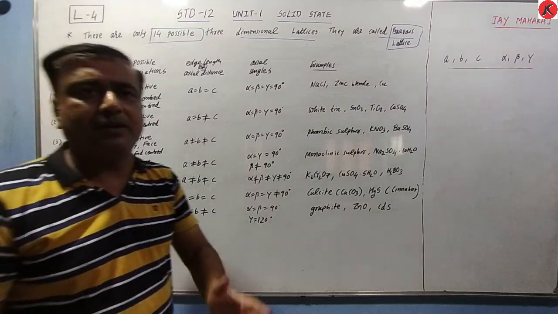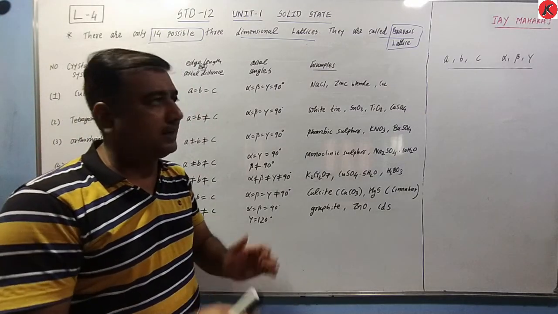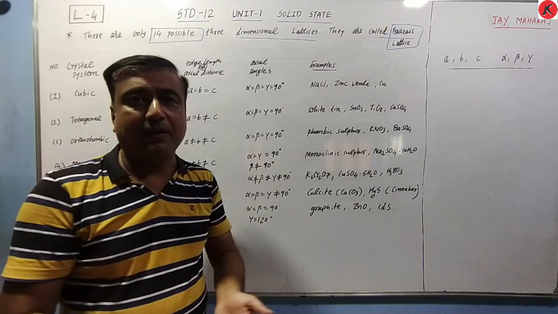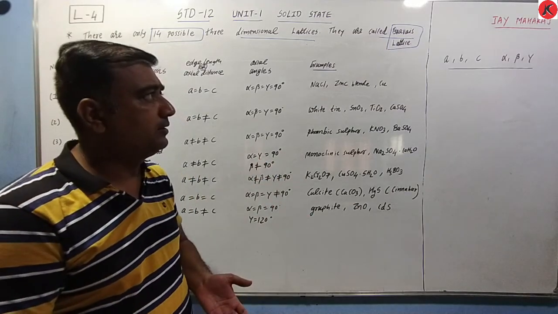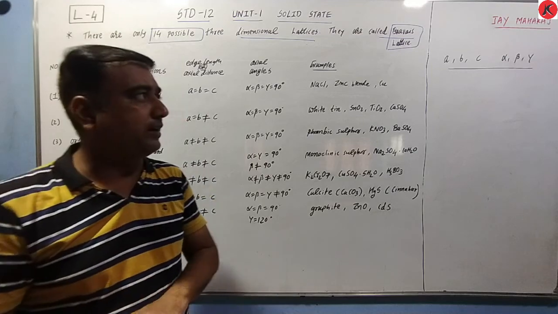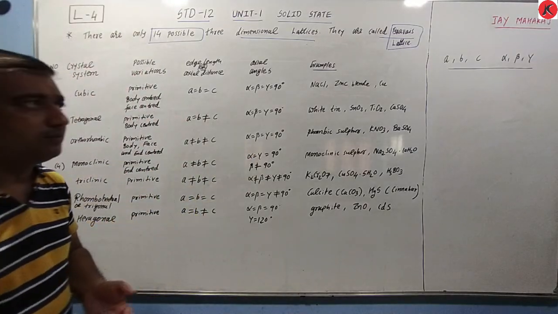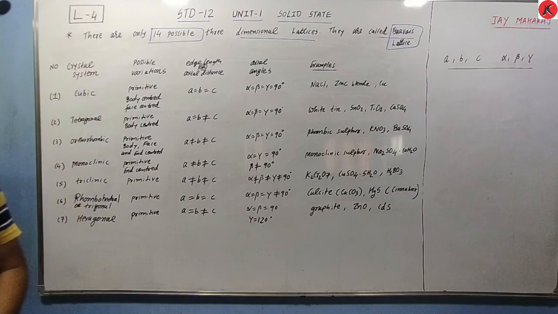Either a equal to b equal to c, or not; alpha equal to beta equal to gamma, or not; the angles are perpendicular, or not perpendicular.